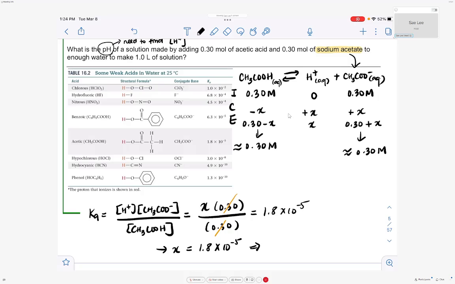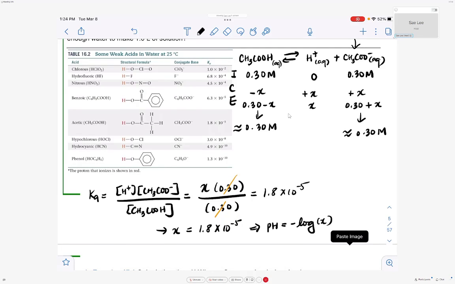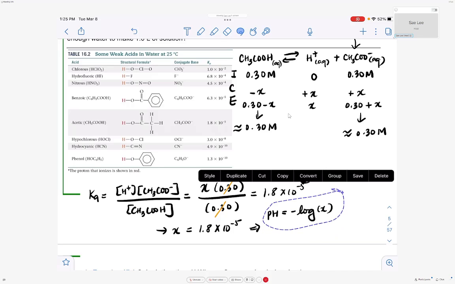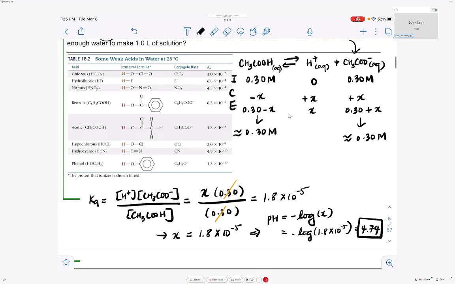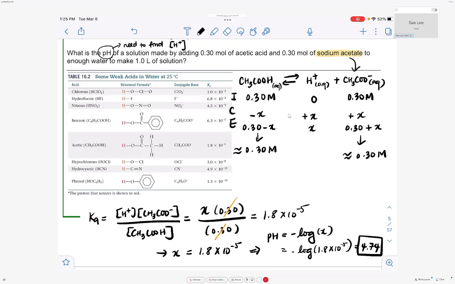So the pH is going to be negative log of X, which is negative log of 1.8 times 10 to the negative 5, equals 4.74. So 4.74 is going to be the pH of a solution made by adding this amount of acetic acid and this amount of sodium acetate together.